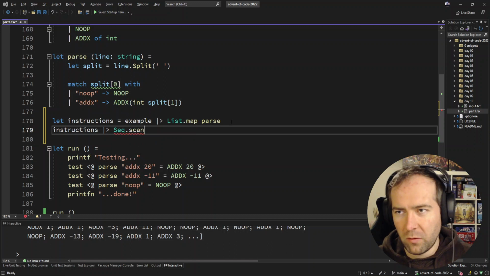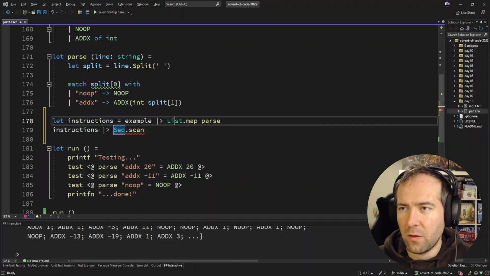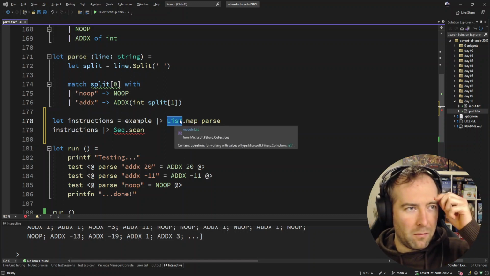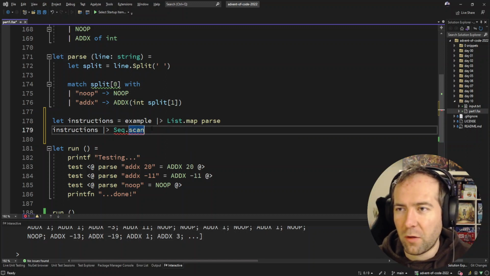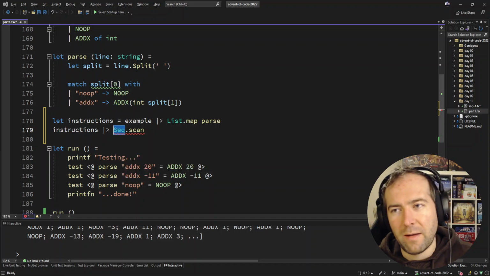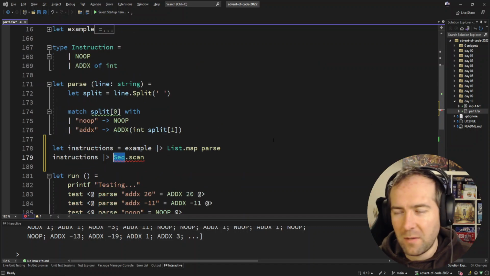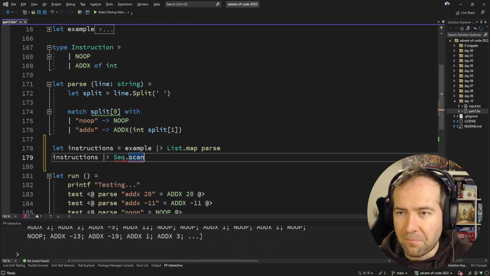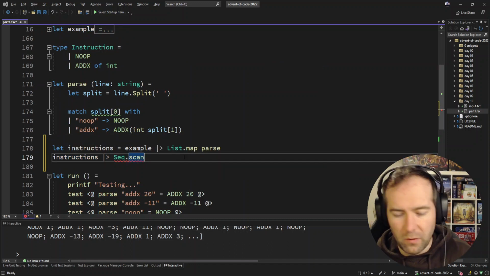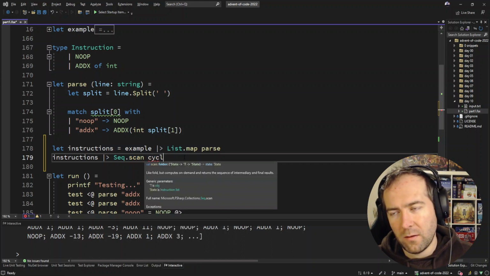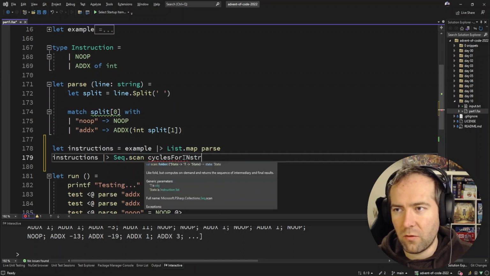And I'm going to drop into the sequence world, the Seq module, not the List module, because I have a small inkling of a spider sense that part 2 might have us repeat this thing a whole lot. I have not looked up any spoilers, but my spider sense is tingling. So this is the cycles for instruction.